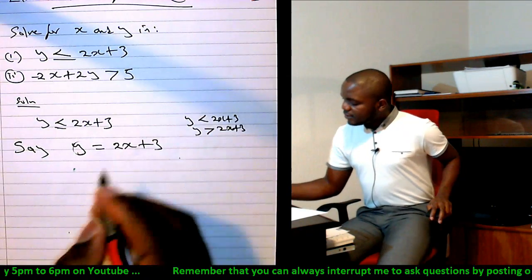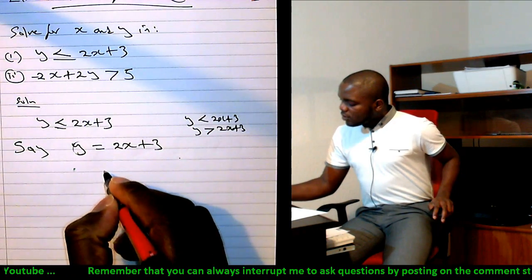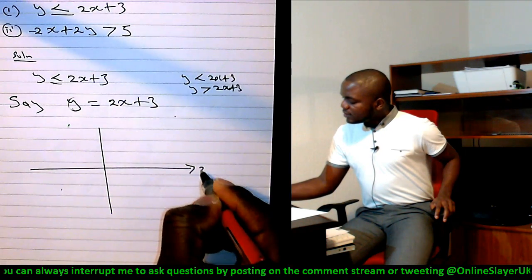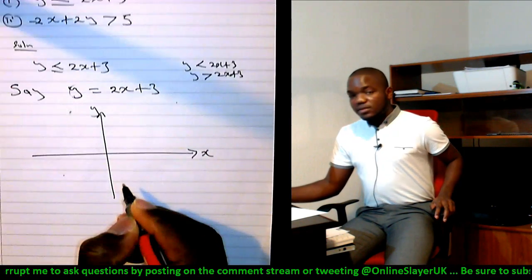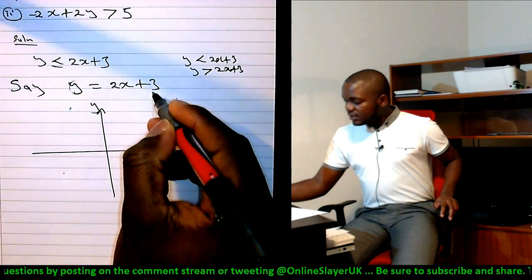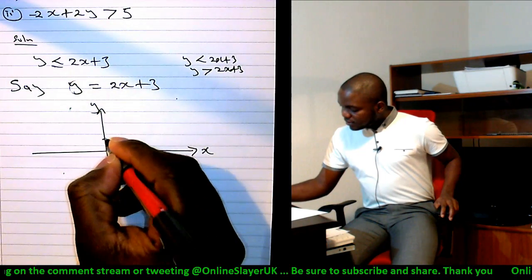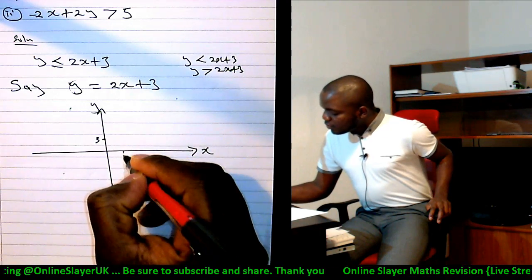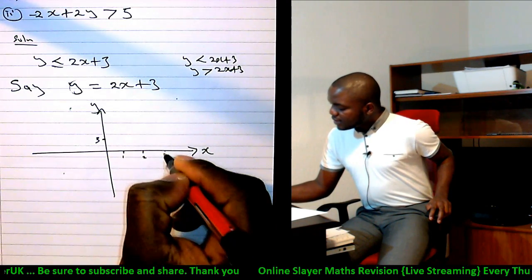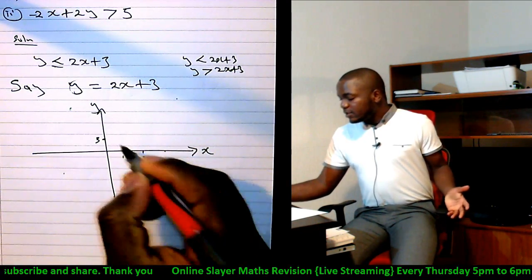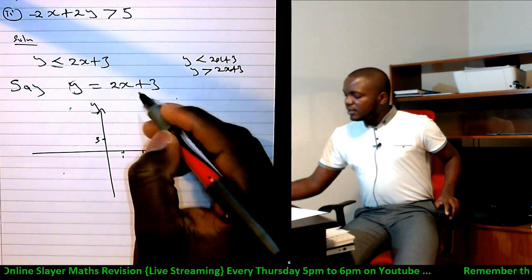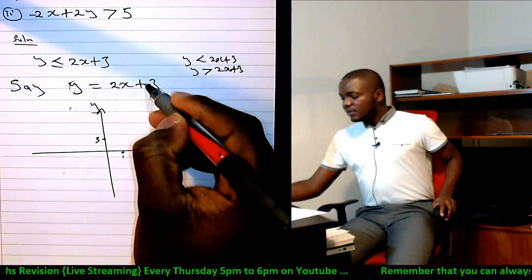So what's this line? Remember what we talked about, where we said if you have an equation of a line, it's so easy to plot the line once you know the intercept, which is 3 in this case, and you know the gradient. So with the gradient, you know what x and y will be at several points, but you only need one more point because you already have 1 point. So when x is 1, what is y? 2 times 1 plus 3, that's 5.